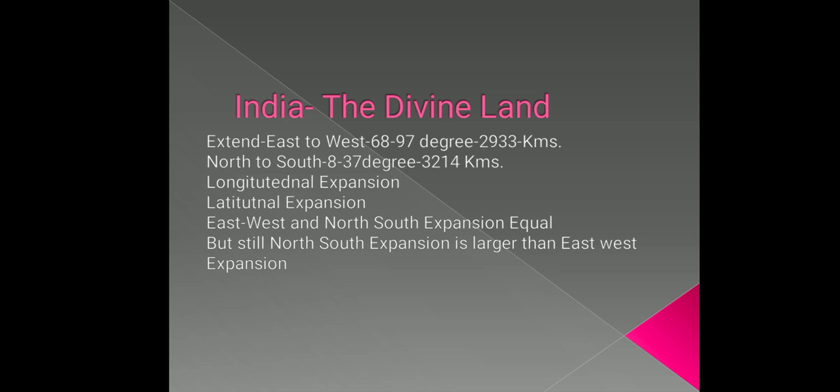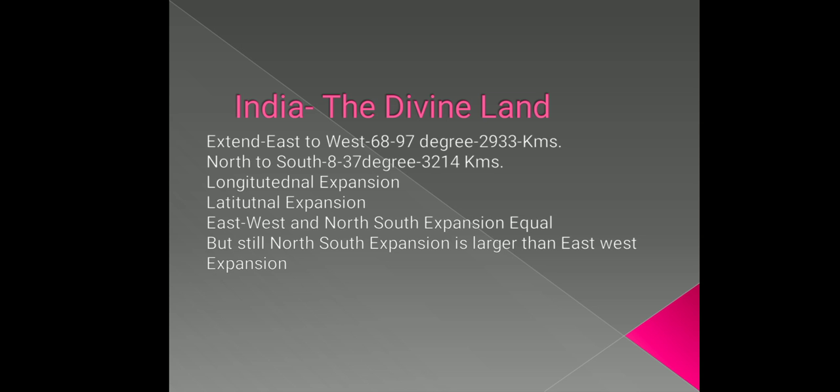You will find 68 to 97 degree, that is equal to 29 degree, and from north to south also 8 to 37, that is also 29 degree. But it is an amazing fact that east-west expansion is lesser than the north-south expansion.